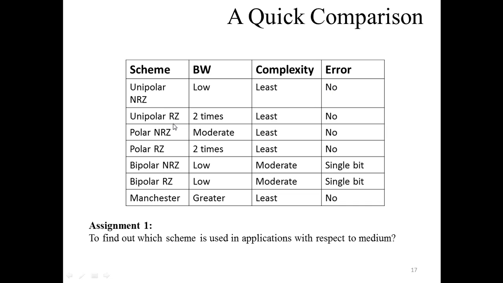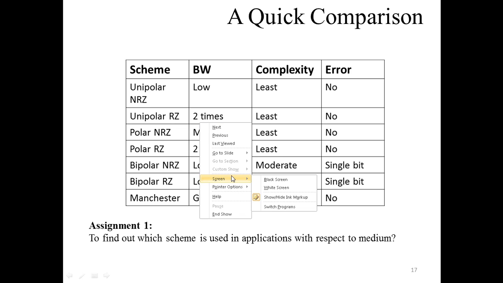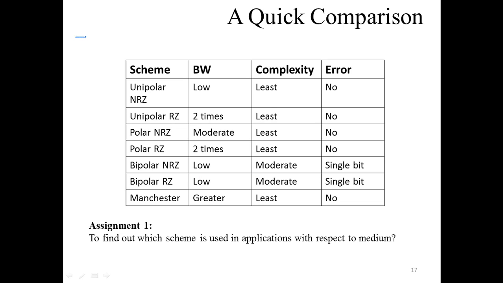When it comes to Unipolar RZ, you have to have twice the bandwidth, because the time period is limited. You know that in RZ you are coming back to 0 for half of the symbol time. So half of the time means double the frequency.